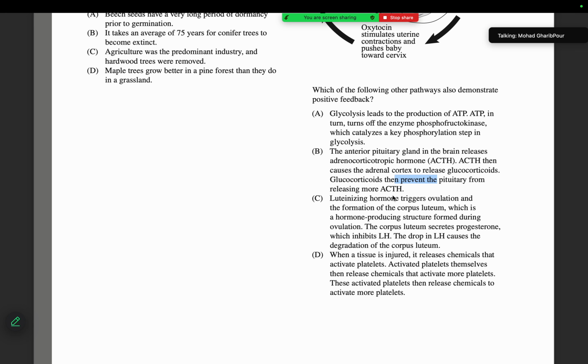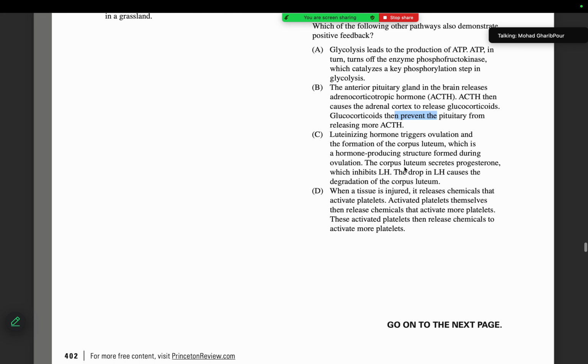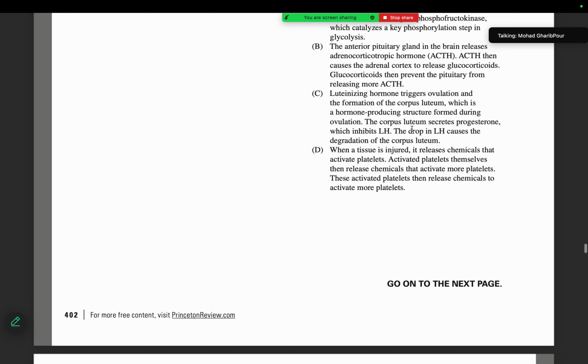Everything you're reading here would have been in the other curriculum, and you would have understood what this is saying. Right now, you probably have no clue. The corpus luteum secretes progesterone, which inhibits LH. If you draw out a little circle, and one thing that's being produced inhibits the original thing, then it's negative feedback, not positive.